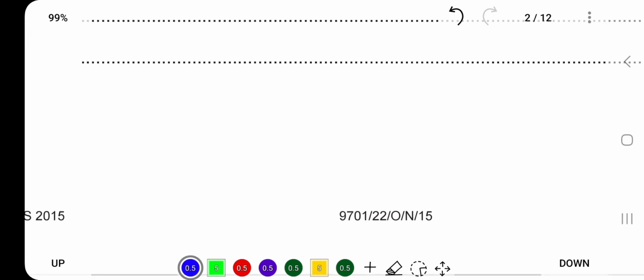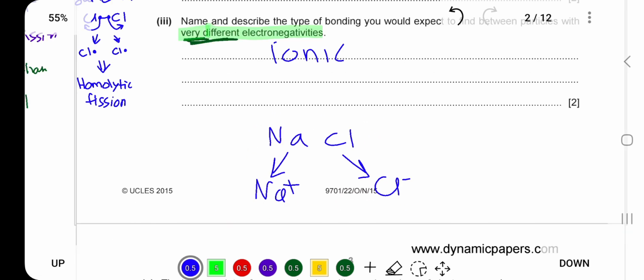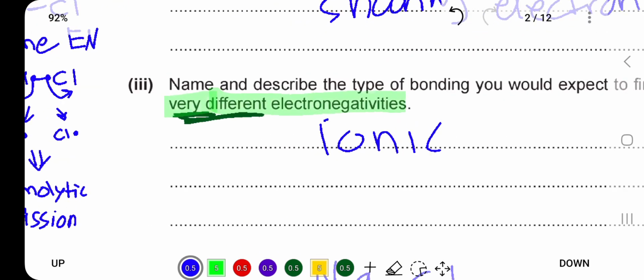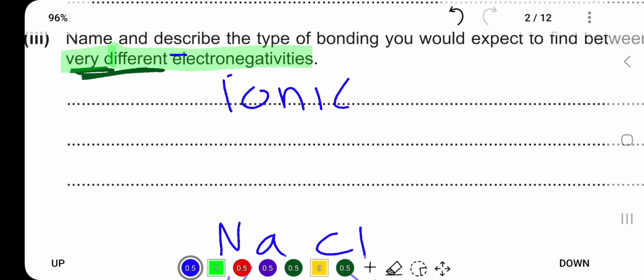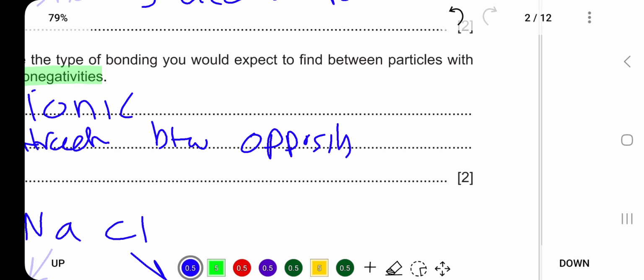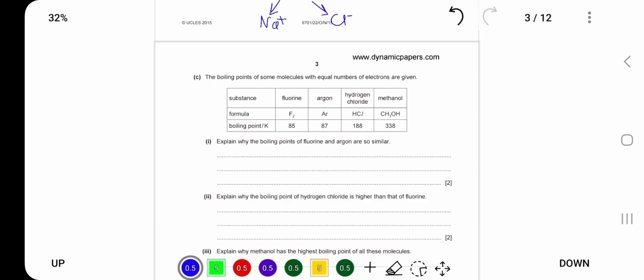Because ionic compounds, for example, in ACl, always there must be a Cl minus and an A plus. Do you understand? So basically they always give you charged ions, and they for sure have very different electronegativity. So ionic is the answer. And now describe how. You say the electrostatic attraction between oppositely charged ions. Alright? Hopefully understood.